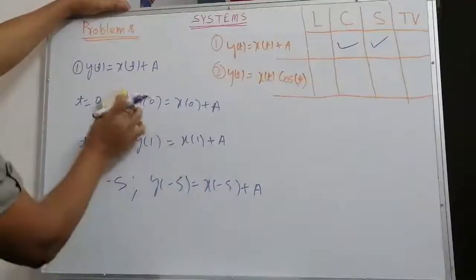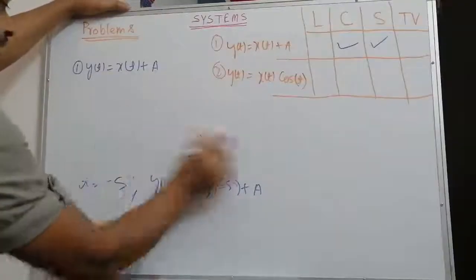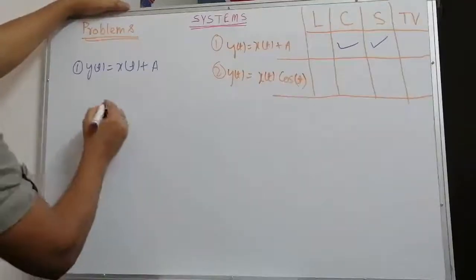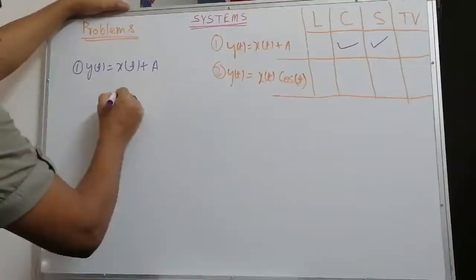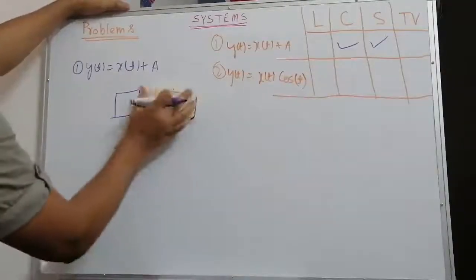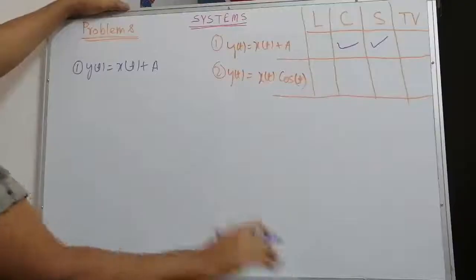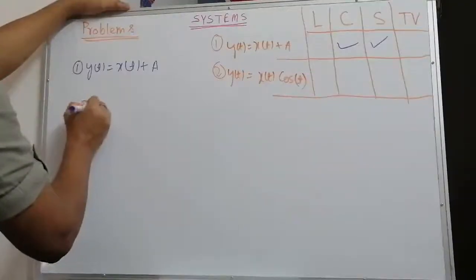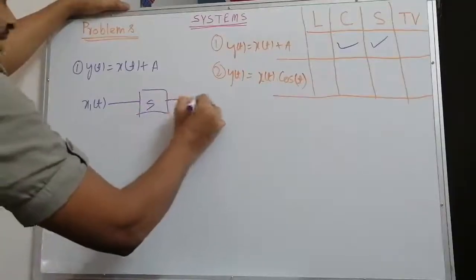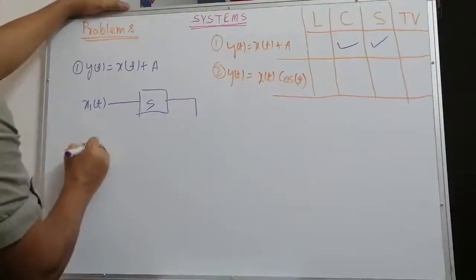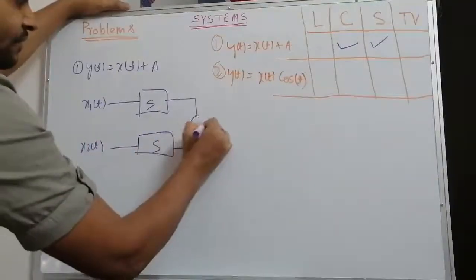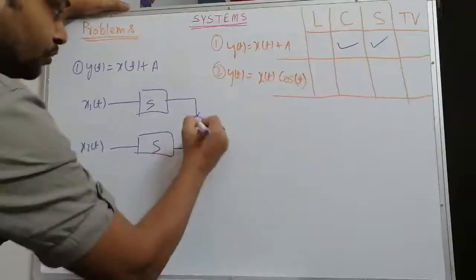Now let us check whether the system is linear or non-linear. For linear and non-linear, as I told, we first make a block diagram like this. Let us say we have an x1 of t signal that we provide to a system, and it gives some output, and an x2 of t signal that we provide to a system, and this gives another output. We add those outputs.